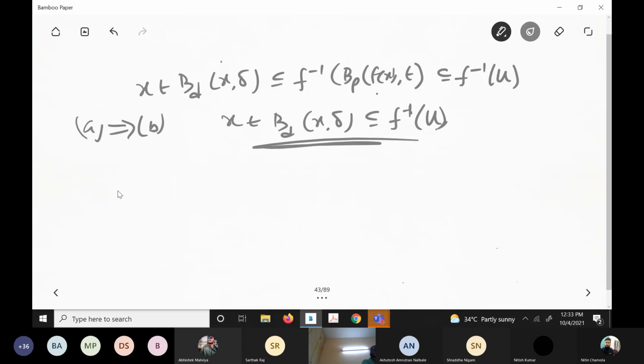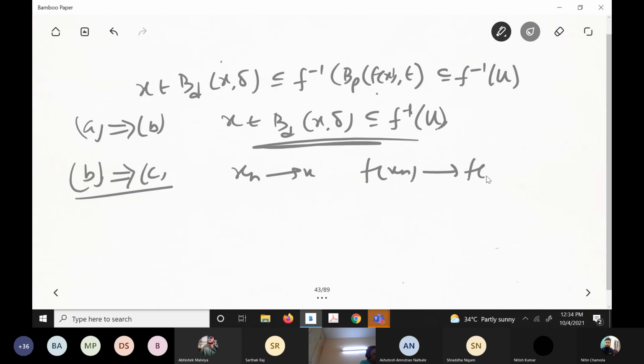Okay. Now B implies C. Well, I'm saying whenever x_n goes to x, f(x_n) goes to f(x). That you'll have to prove. Okay. Actually, I am saying this you have.